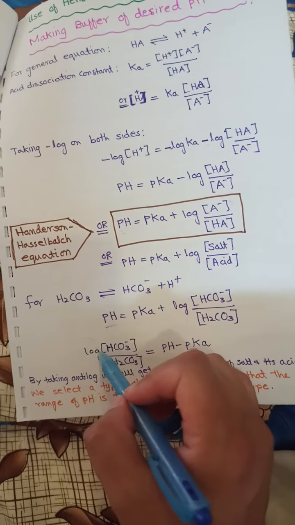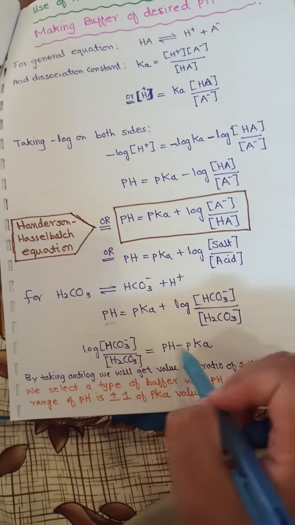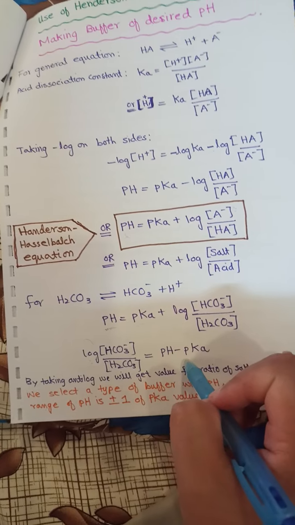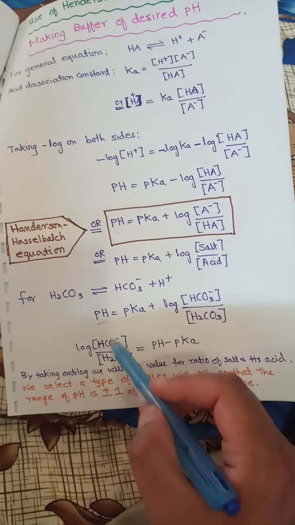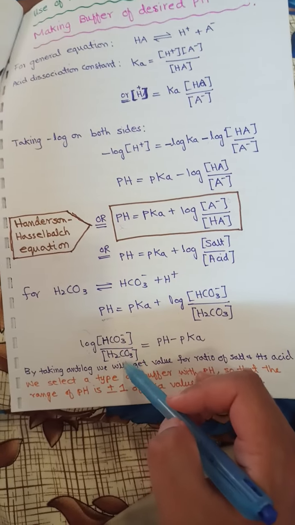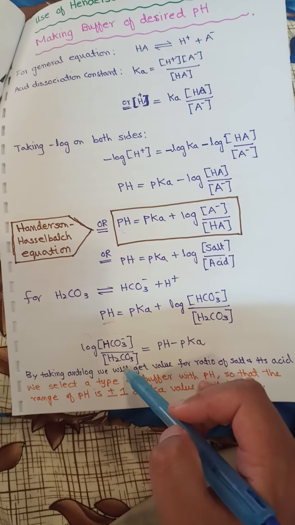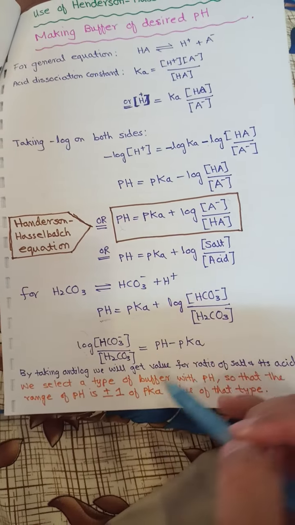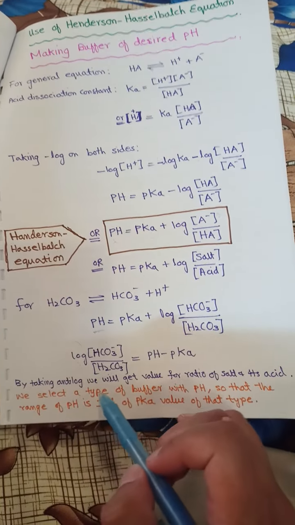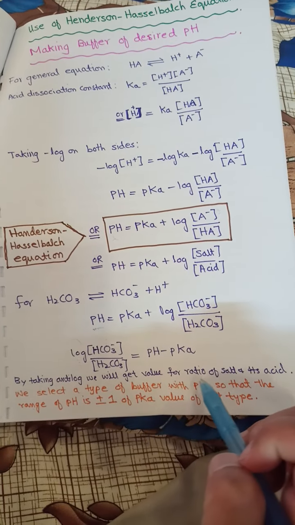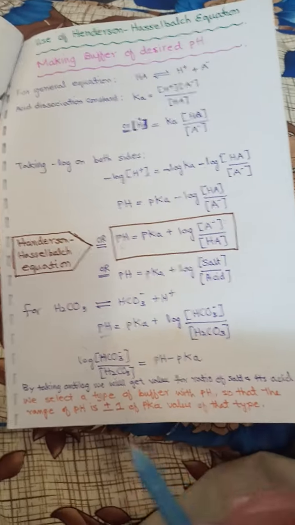When this log is shifted to this side, it will be the anti-log, and then we get the ratio of salt and acid. By using the ratio of salt and acid we can make a buffer of our desired pH.